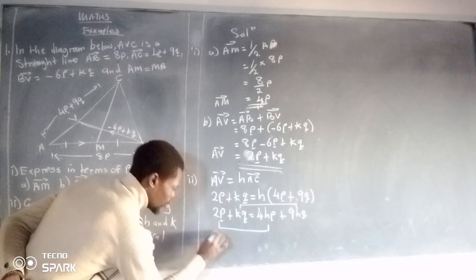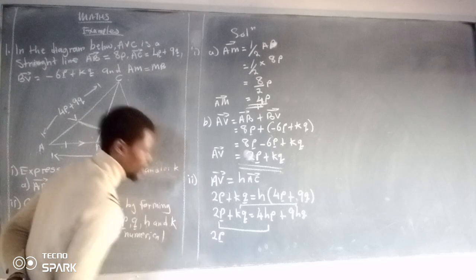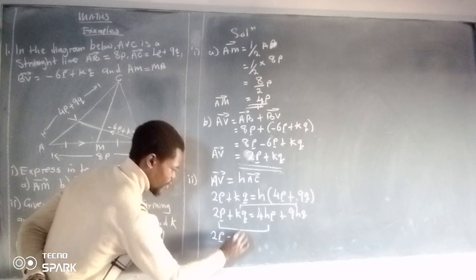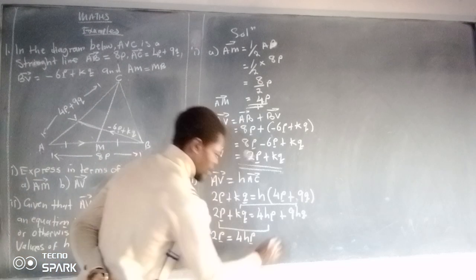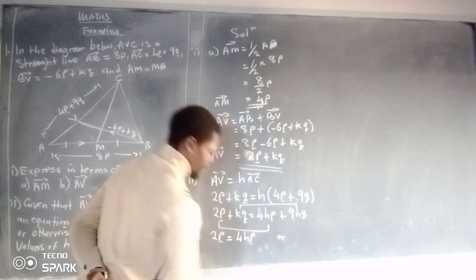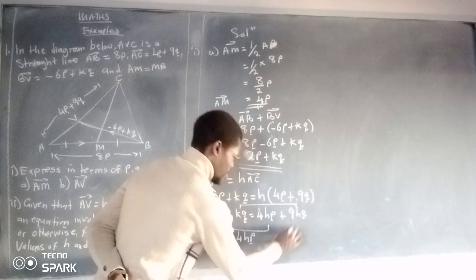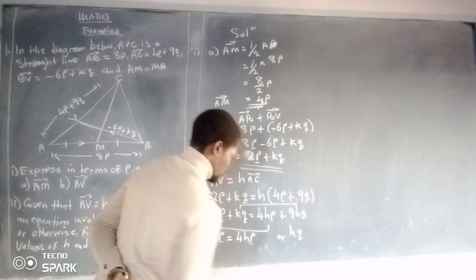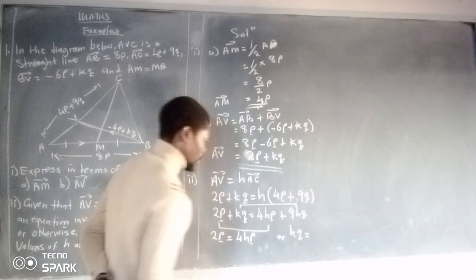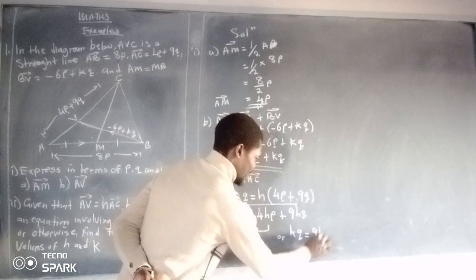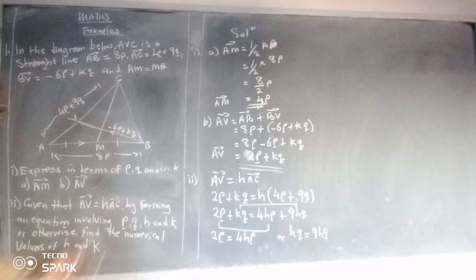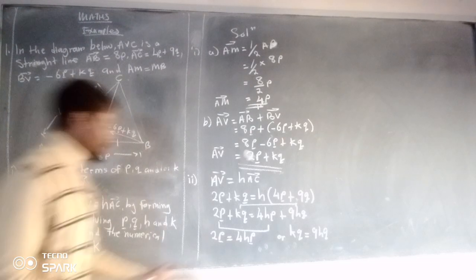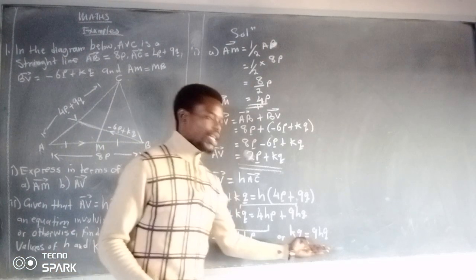So you have 2P is equal to 4HP. The other one will be KQ is equal to 9HQ. So let us try to find the first one, and then if you find H here, substitute H in the other part.